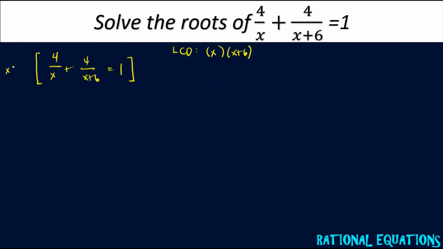Okay, so multiply natin ang LCD natin to both sides of the equation. We have x times the quantity of x plus 6 and x times the quantity of x plus 6. In here, yung LCD natin ay present din dito sa ating denominators.